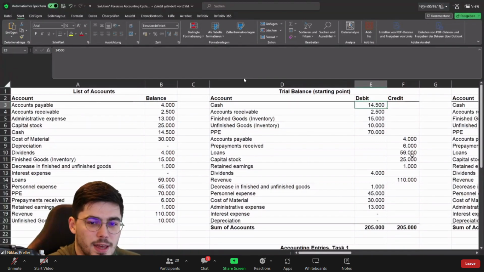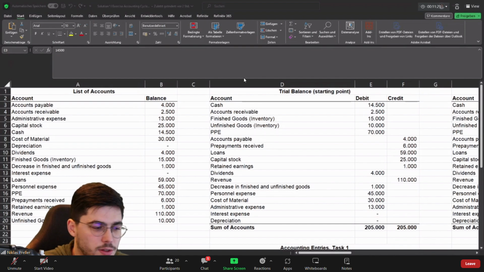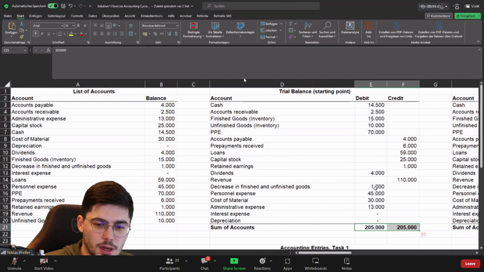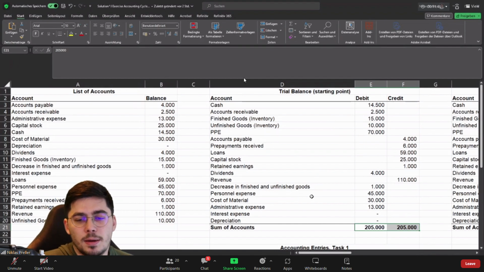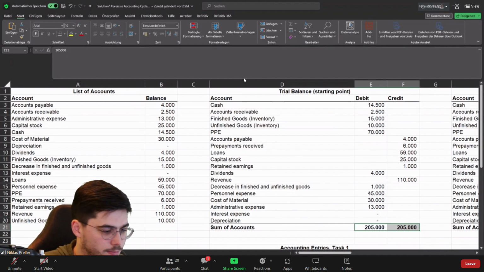So we have cash as a debit account here in column E, the debit column. And as we can see, the sum of accounts over here has to balance. In this case, all accounts balance, which is good for our trial balance to balance. So now we can go on. We don't have any mistakes in here, and we can go on to our accounting entries.